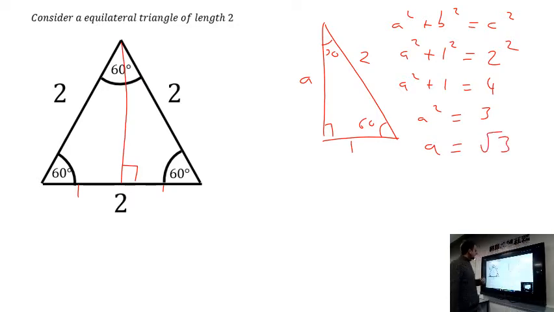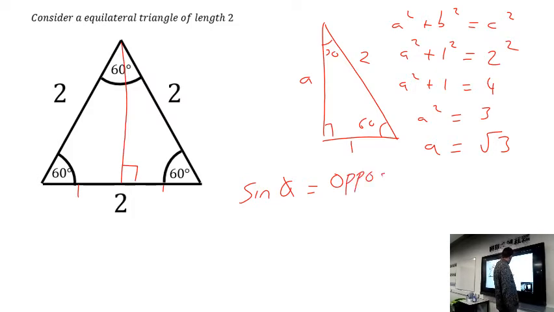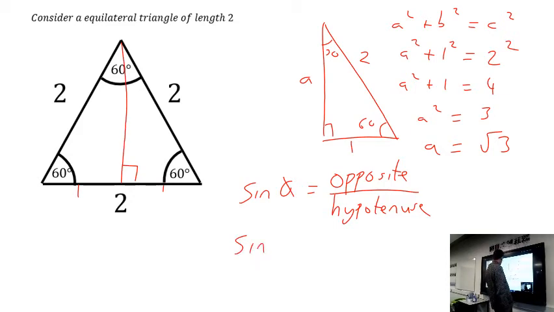Now let's use our trig functions. So we have a sine angle. In this case, sine theta is equal to opposite over hypotenuse. Here we have sine theta is equal to 60.